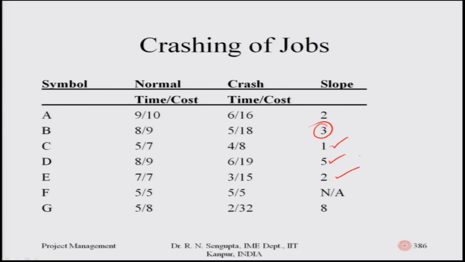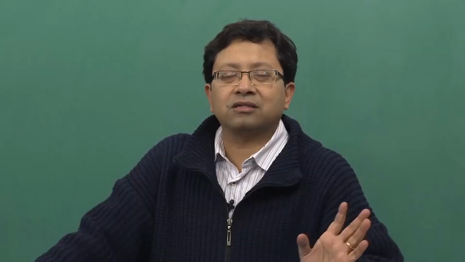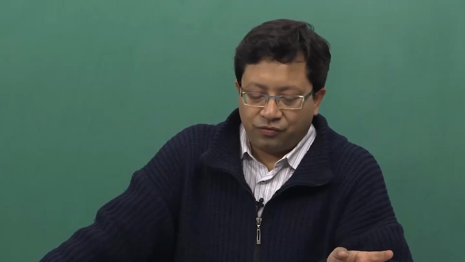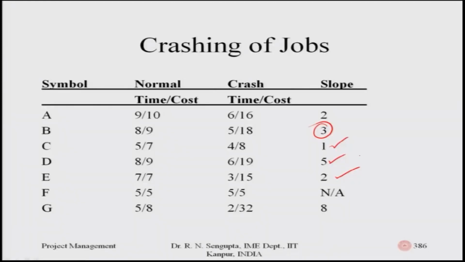For F1, note it down carefully here. You cannot reduce the time of this job, and there is a reason for it. Consider this: you want to get a CNC machine and the cost for utilizing the CNC machine as supplied by the vendor is only 5, and the vendor cannot extend the usage or give you some extra benefit because his clientele are also in line apart from you.